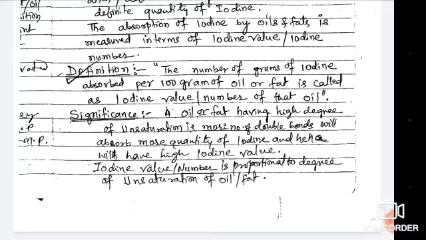So what is the relationship between the iodine value and the degree of unsaturation? It is directly proportional. As the degree of unsaturation increases, the iodine number also increases. This is simply the significance of the iodine value.